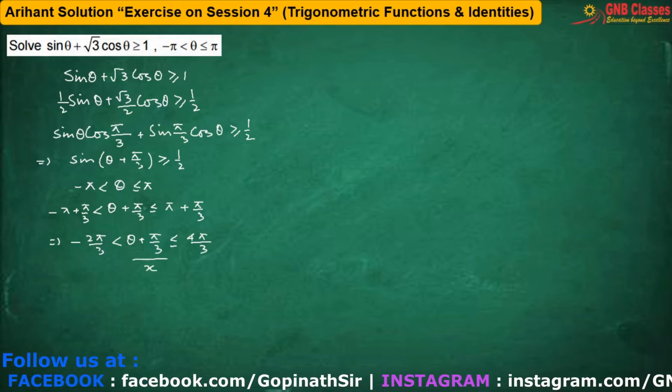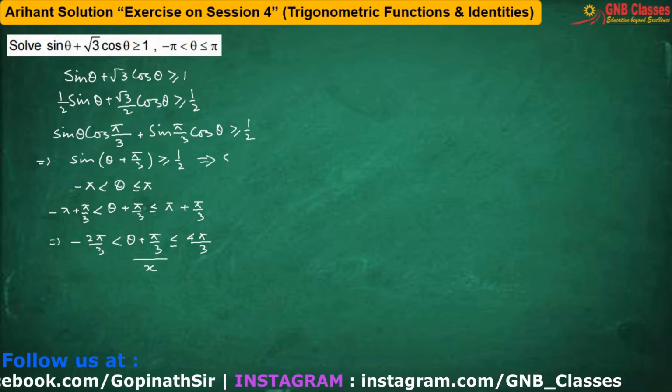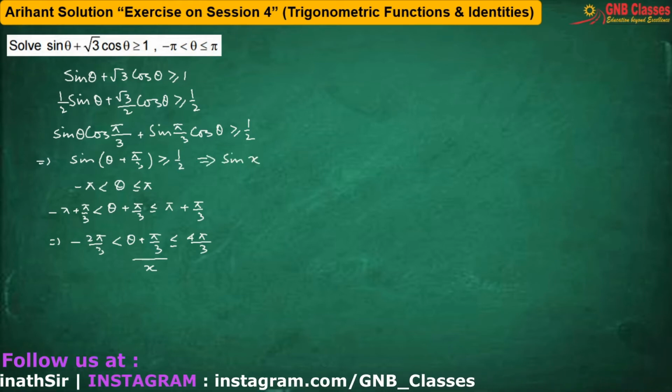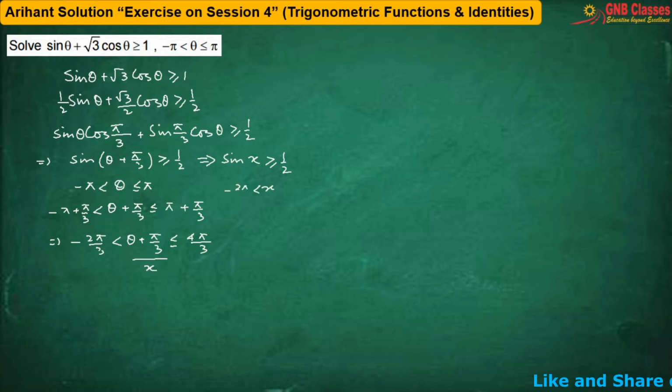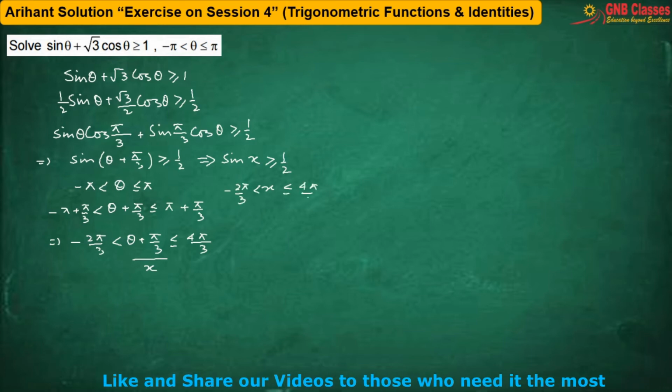Therefore, this inequation becomes actually sin x is greater than equals to half, where x is lying between minus 2 pi by 3 and 4 pi by 3, right?